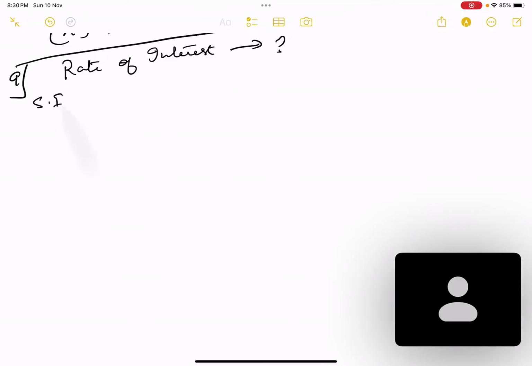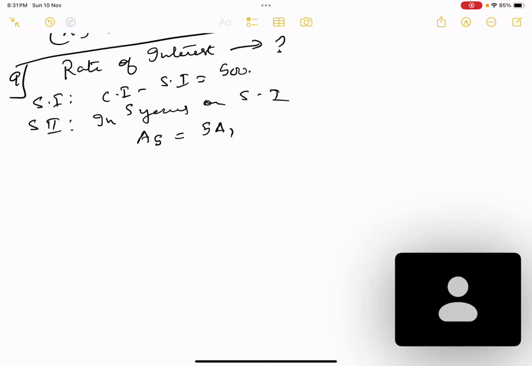Statement 1 says that the difference between compound interest and simple interest is 500. Statement 2 says that on simple interest the amount doubles itself in 5 years; the amount after 5 years will be double the amount in the first year.